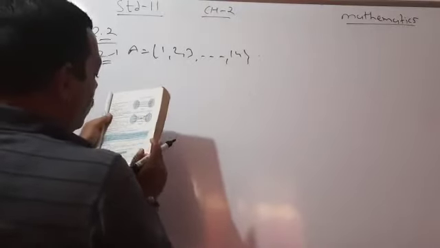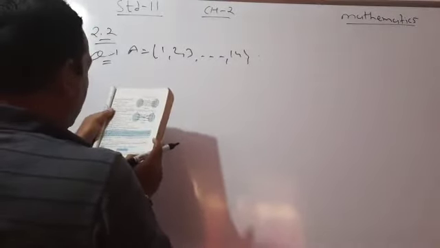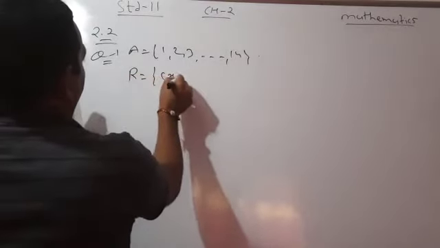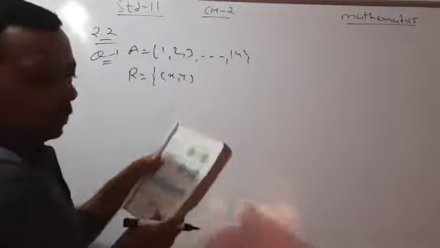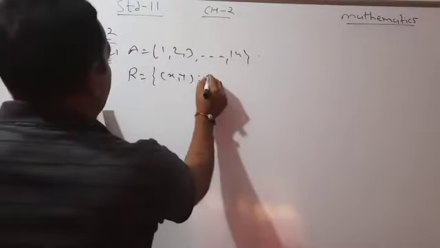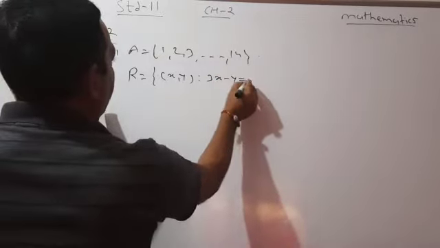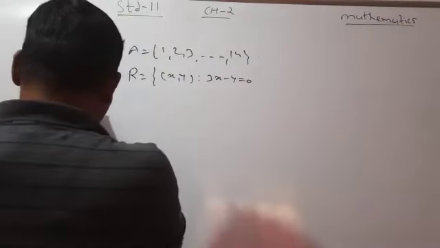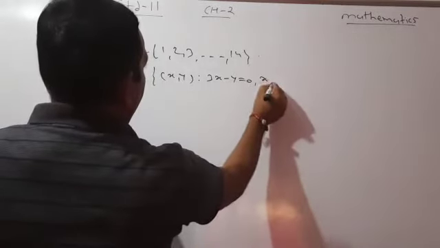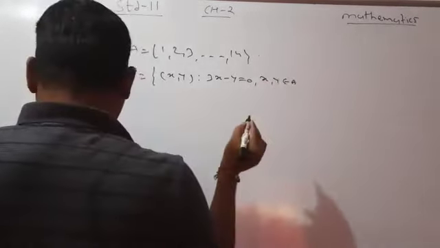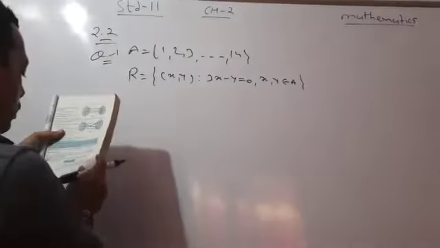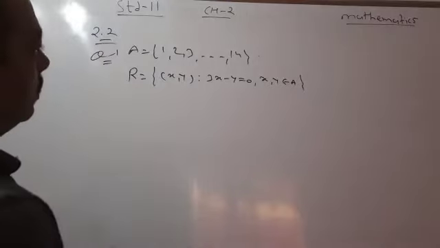Define a relation R from A to A, where, as we know, a relation is always expressed in the form of ordered pairs, so (x, y). Now the relation is 3x minus y equals 0, where x, y belongs to A. Now the question is write down its domain, codomain and range.